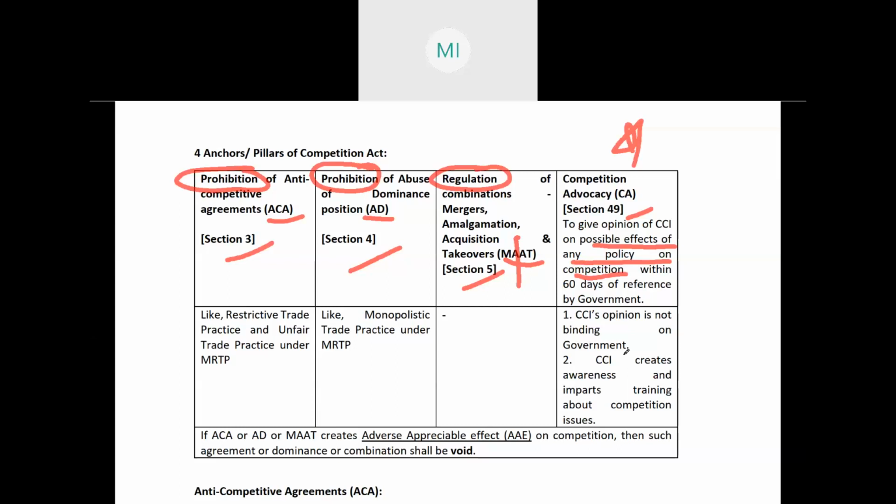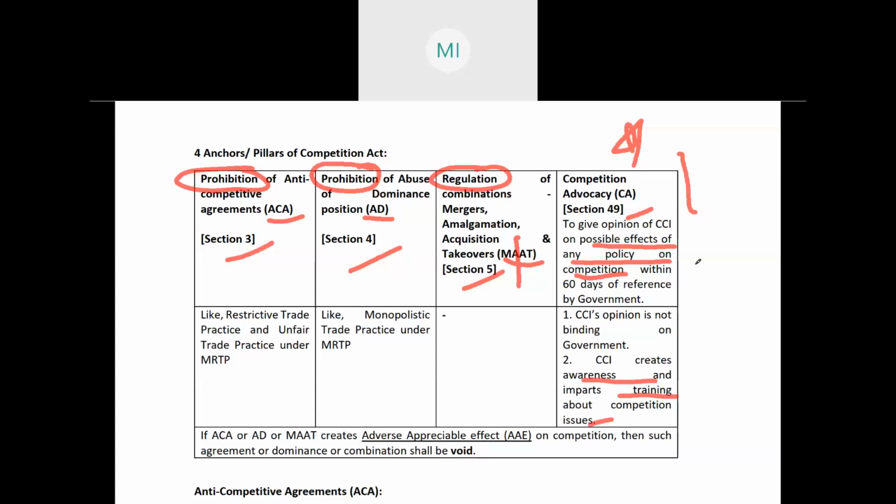Then the CCI creates awareness. Yesterday there was a program organized by MCX with the ICSI Madurai chapter to create awareness about the multi commodity exchange in the markets. Same way, the CCI also conducts this kind of awareness programs, and it also imparts training on competition issues. This may sound very simple, but this is a repeated 5 mark question in the exam.